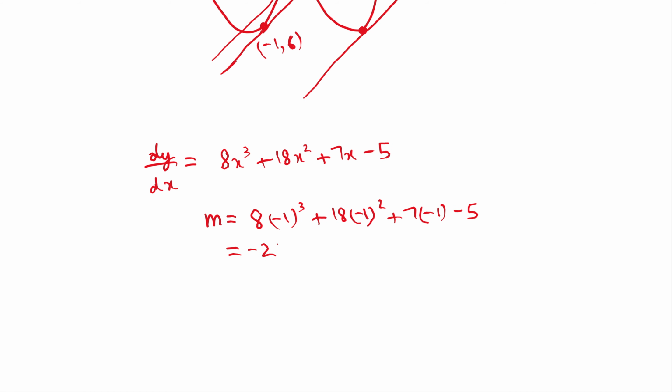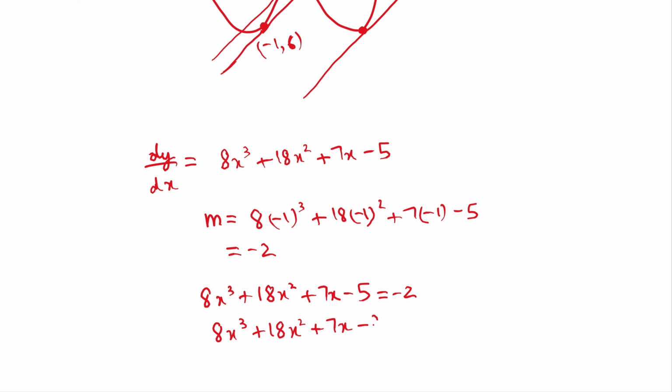I will equate 8x cubed plus 18x squared plus 7x minus 5 to -2. This will help us in finding the x coordinates where the gradient again equals -2. So now if I move -2 to the left hand side, this will be 8x cubed plus 18x squared plus 7x minus 3 equals 0.